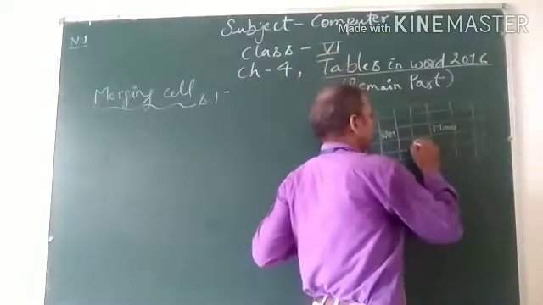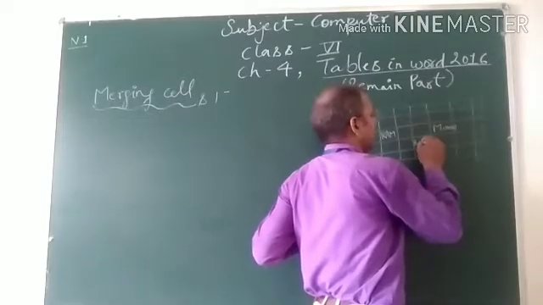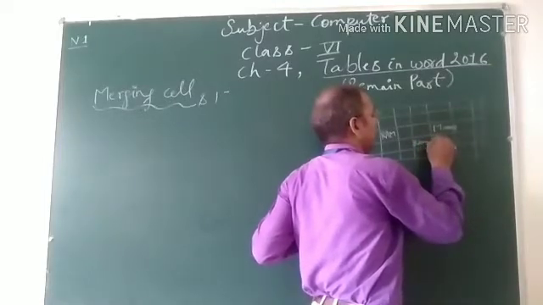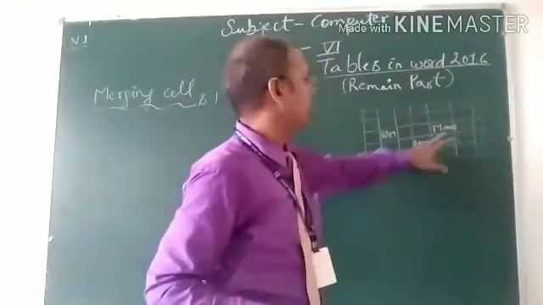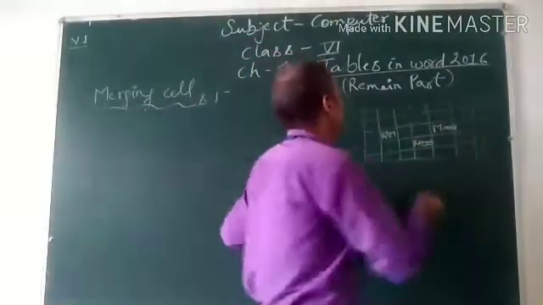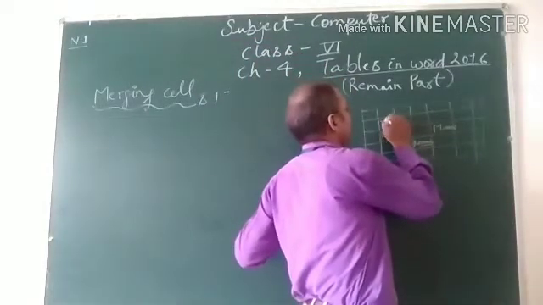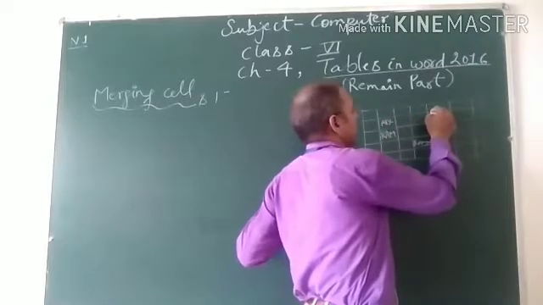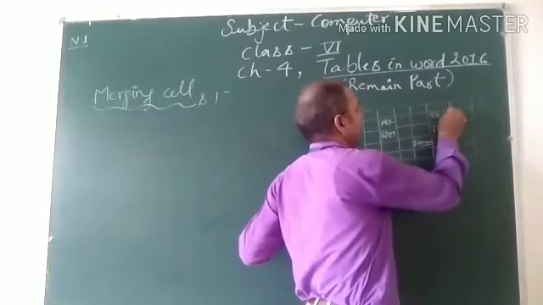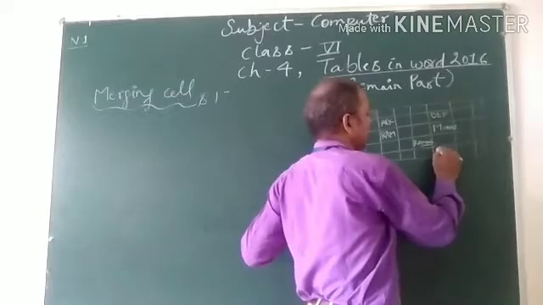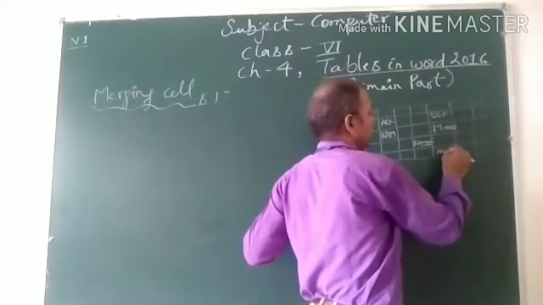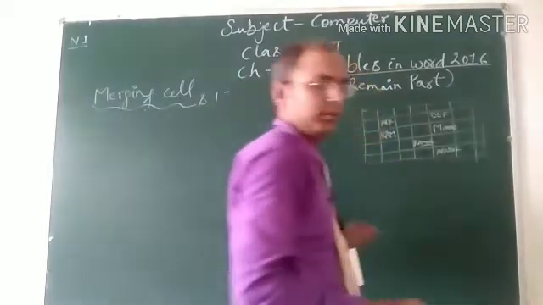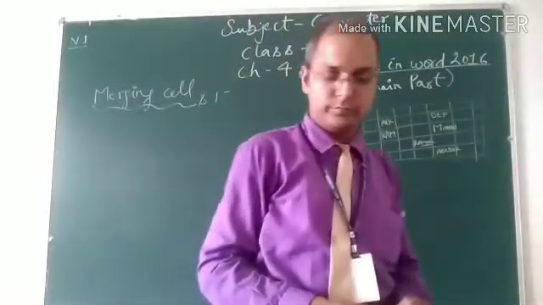After merging, the name Ram and Mohan both become one cell. Suppose one name is A, B, C and the other D, E, F. After merging, it becomes A, B, C, D, E, F. This is the merging option.